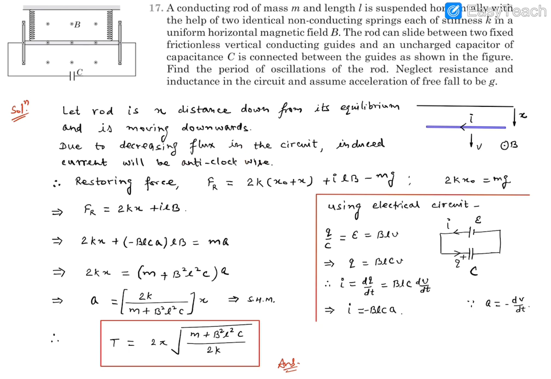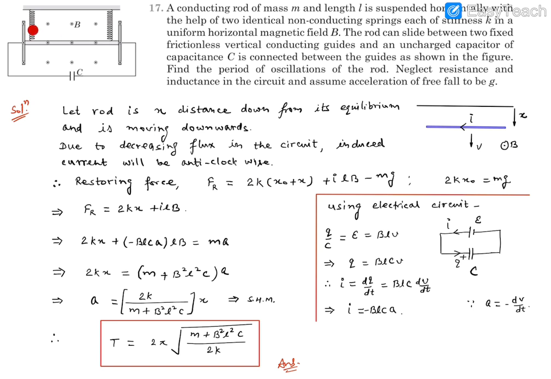Now because of this current, this conducting wire of length L is moving with velocity v, has a current, and is present in a magnetic field. So there is going to be a force acting, I L cross B, the ILB force, and that ILB force will be acting upward as per the right hand rule. So the restoring force will be given by two forces.